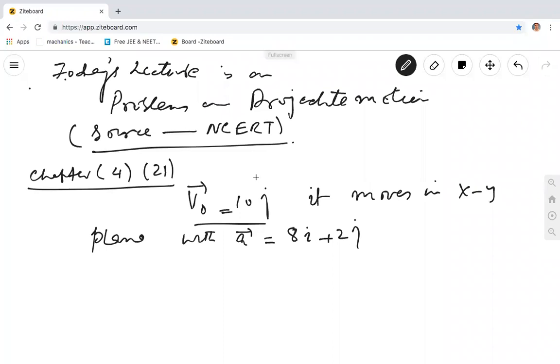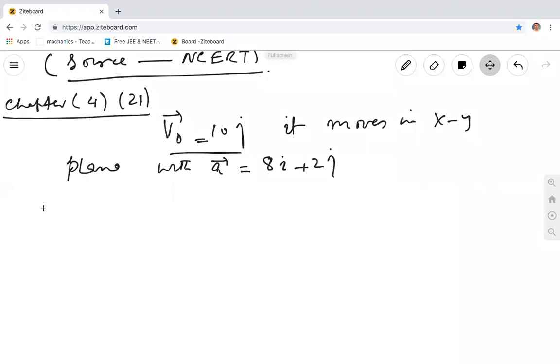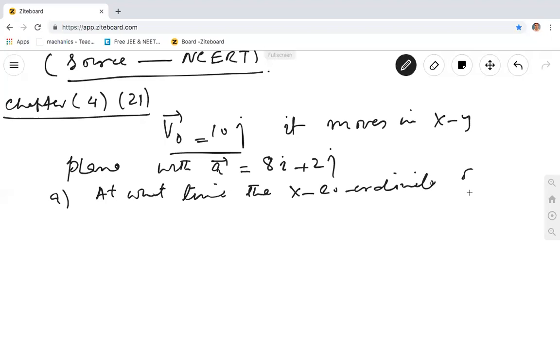So what are the questions that he asks us here regarding this problem? Number one, at what time the x coordinate of the particle is 6 meters.